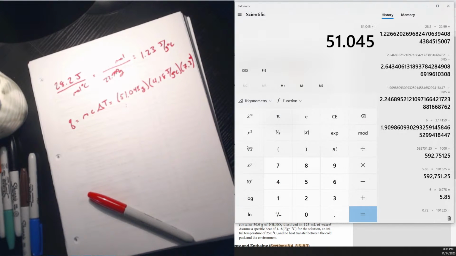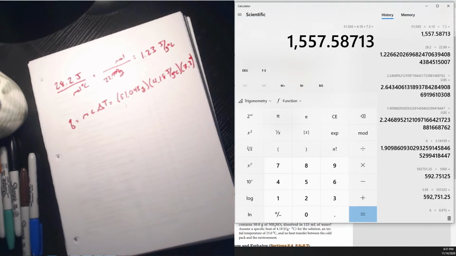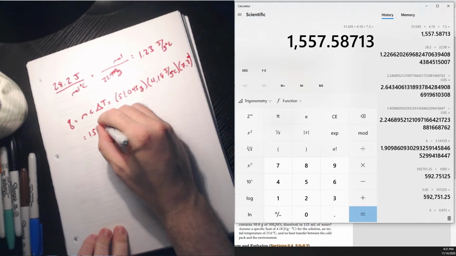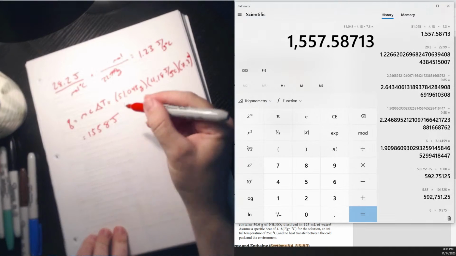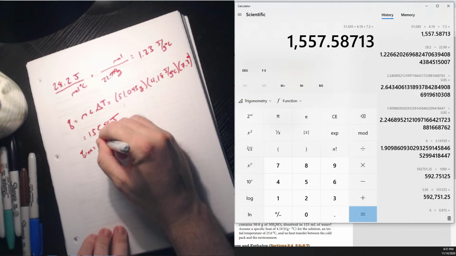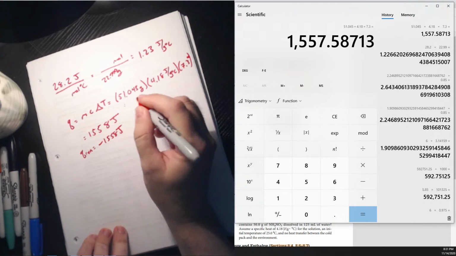51.045 times 4.18 times 7.3 is 1558 joules. That's the amount of heat going into the water, so the heat leaving the reaction is negative 1558 joules.